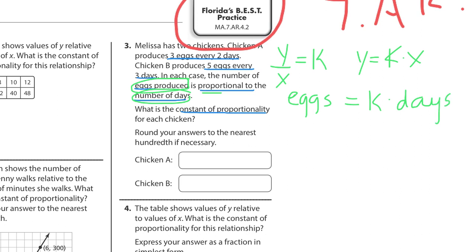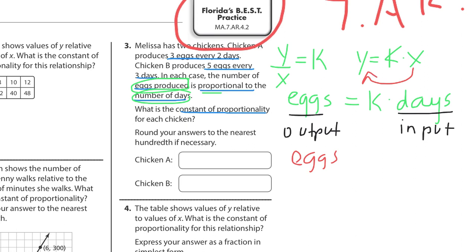So if I input days, I get for my output eggs. So I input the days in the equation, my output is going to be eggs. So now I know that my proportional relationship has to be eggs. If I divide by days, right, if I move the x to the y side, eggs over days equals k.